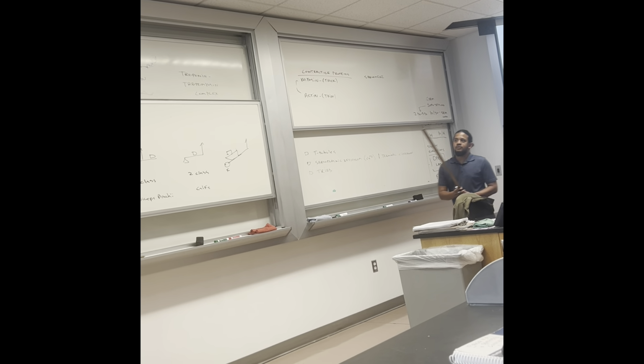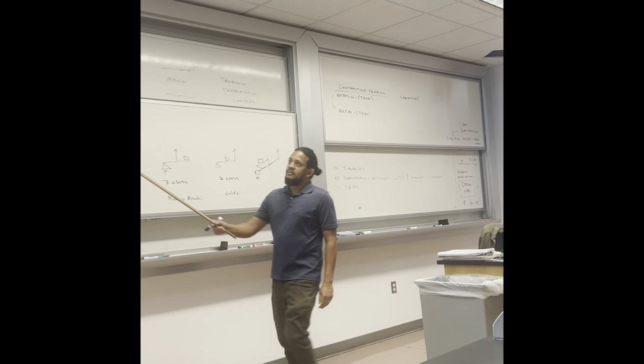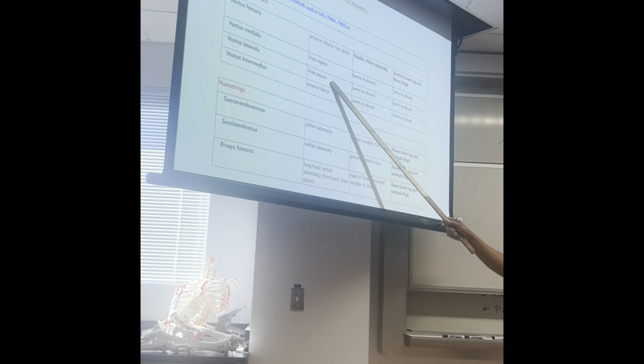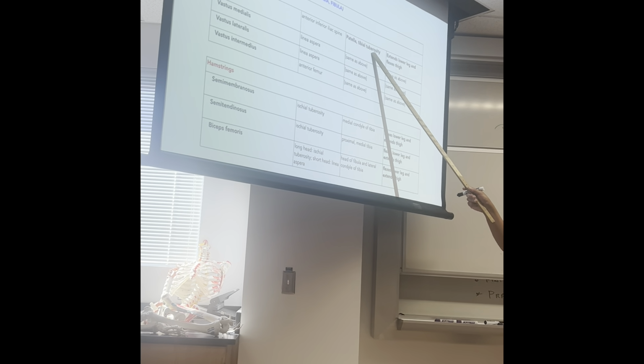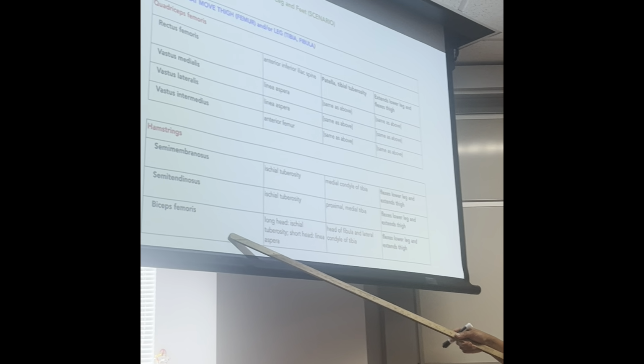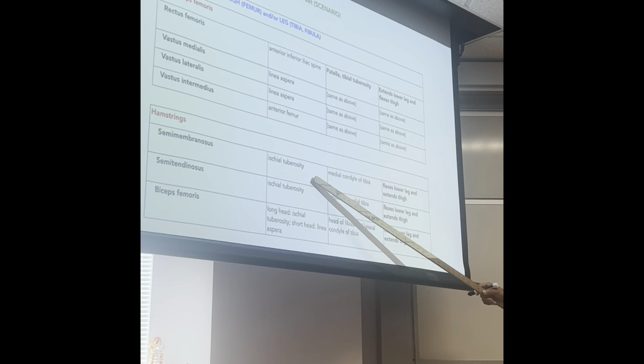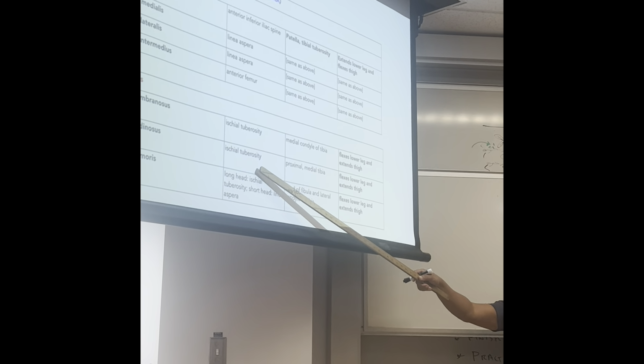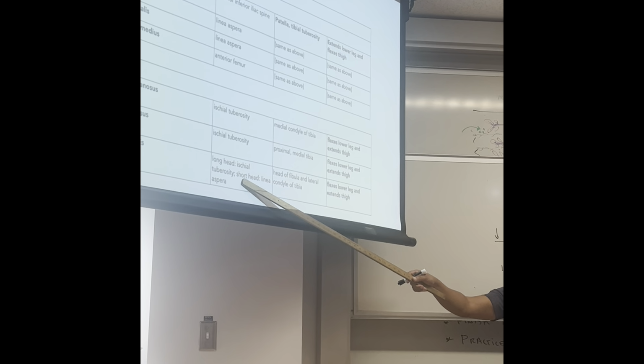It's just what I'm showing here again. Linea aspera, right? For these guys, all of these are going to be tibial tuberosity in terms of insertion. Here's the hamstrings: ischial tuberosity for all these, and then they're going to go to the tibia. Okay, we're way over here. Okay, so that was a fast, dirty review.